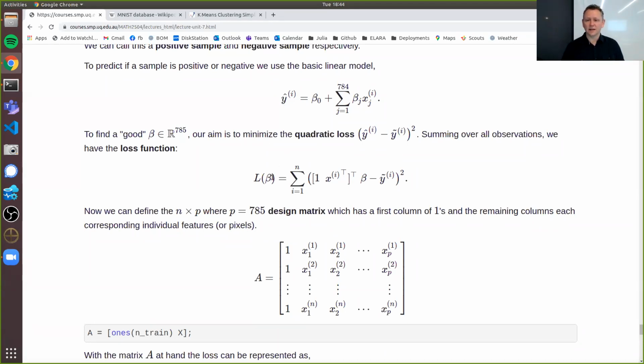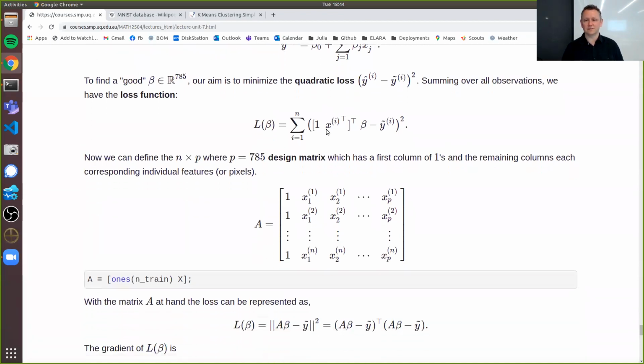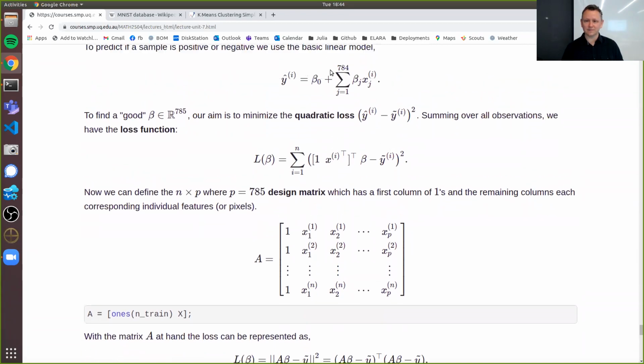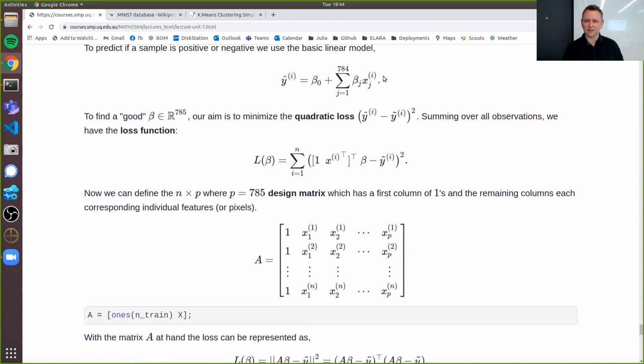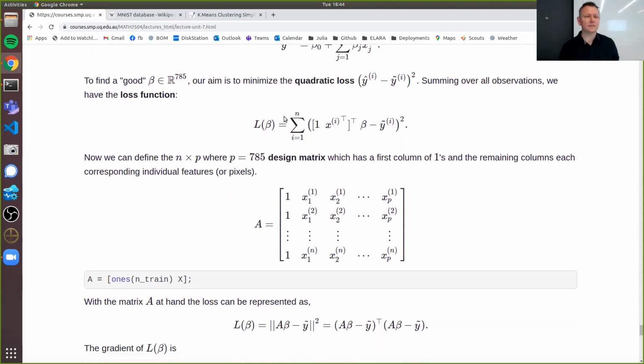Then, given that we have all these betas, we can ask how wrong we are, given all our known examples i and all the betas. This is some simple Pythagorean distance in the high-dimensional space of how far we are from where we should be.